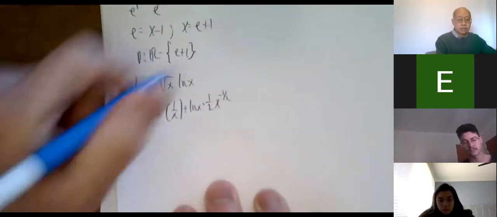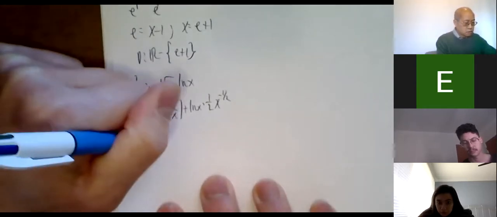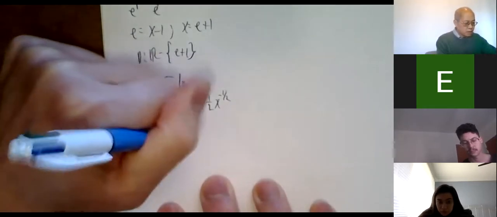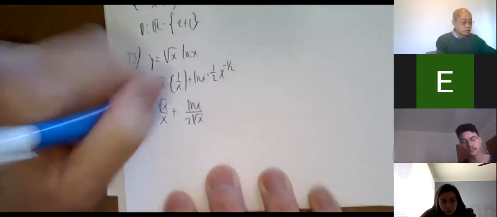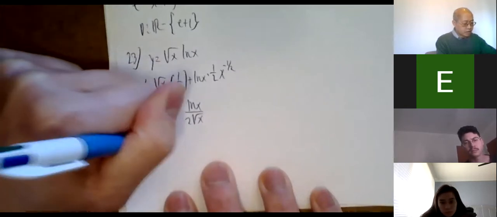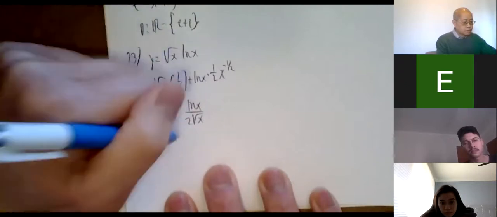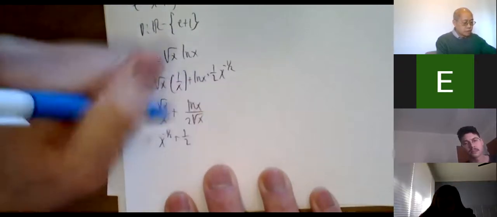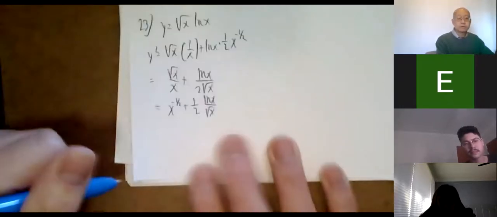So that's going to be radical x over x plus ln x over 2 radical x. But for taking the second derivative, I want to keep it as x to the negative 1/2 plus 1/2 ln x over radical x.